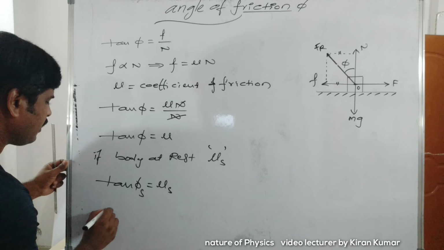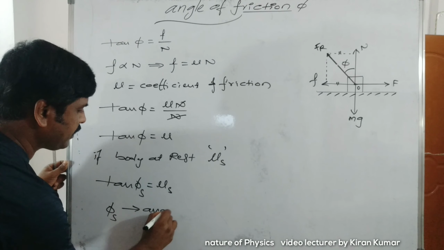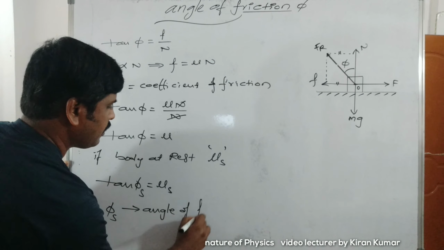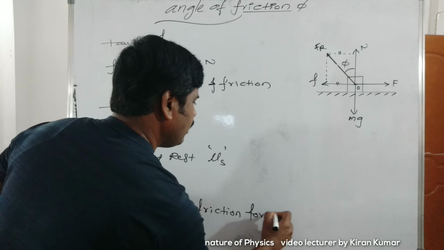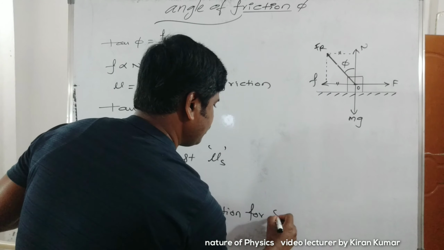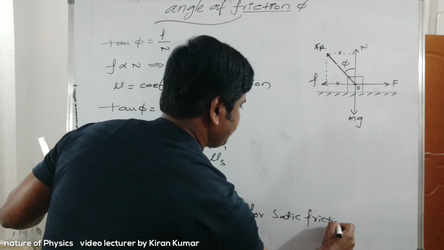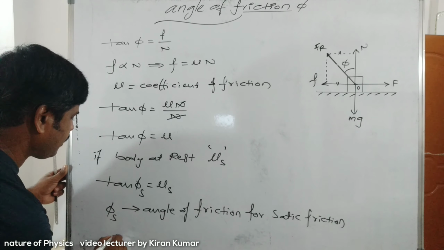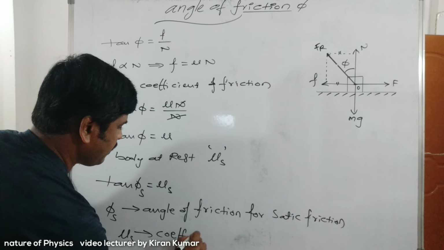So here phi s is the angle of friction for static friction, and here mu s is the coefficient of static friction.